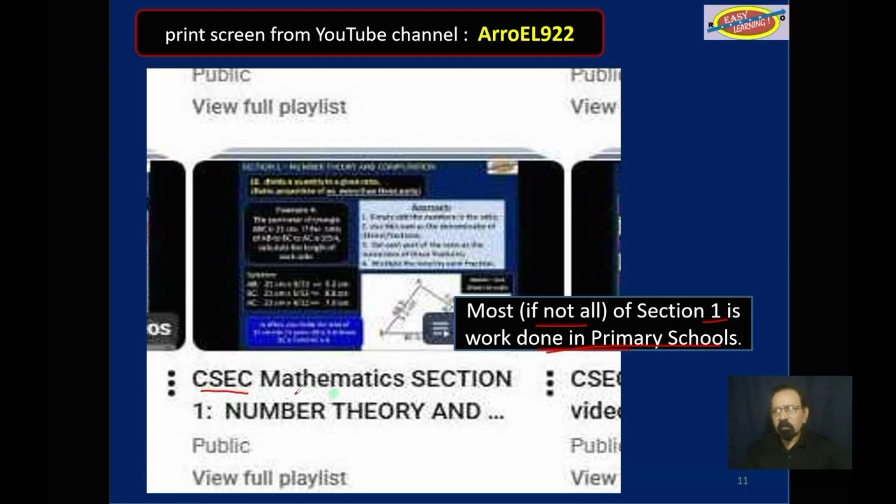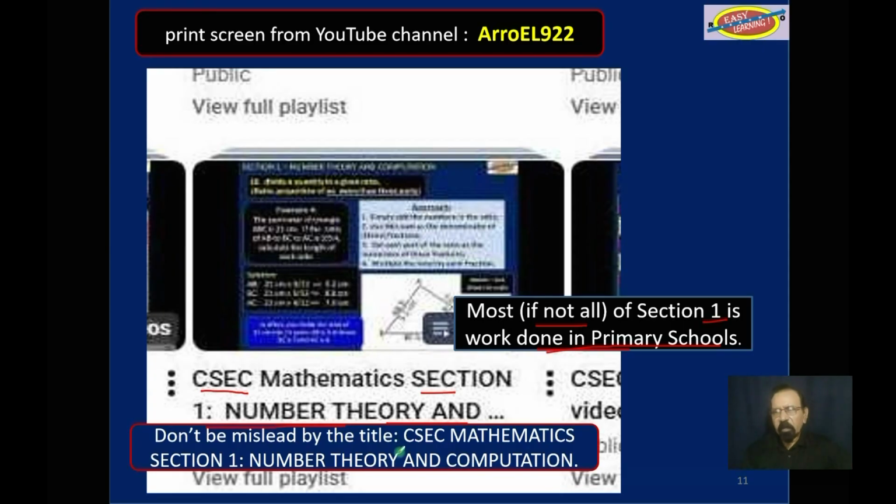It says CSEC Mathematics Section 1, Number Theory and Computation. Don't be misled by the title. It may sound a little scary. But I said that is work that should be done in primary school, the whole section.